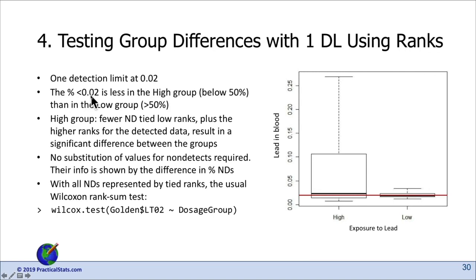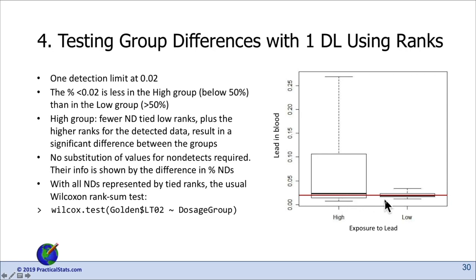The percent less than 0.02, that's the information. That percentage in the high group is less than it is over to the right, the percentage of that data set in the low group. In other words, I can see the median here in the high group. In the box plot, it's above the detection limit. I've got less than 50% of the data below 0.02 in the high group.